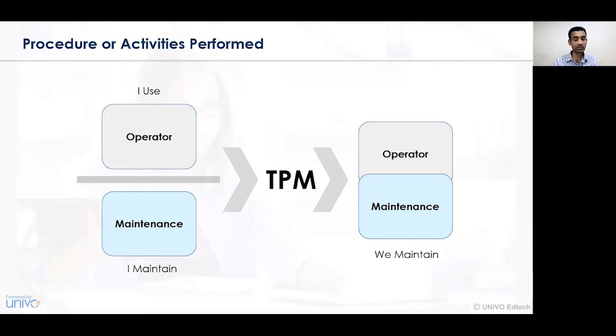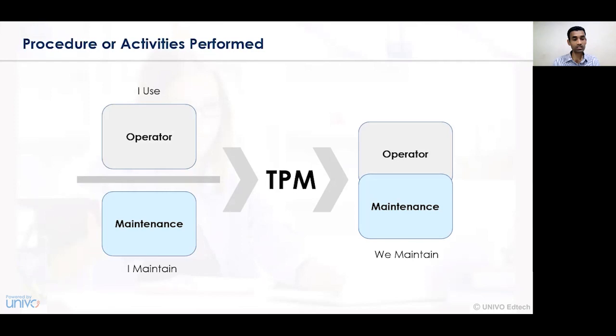Initially, the activities were carried out in a separate constitution, that is, the operator is separate and the maintenance is separate. In the case of TPM, both the operating activity and the maintenance activity are carried out in a well-coordinated way, with a joint composition. So an individual person performs the job of operator and also maintenance, and a maintenance person conducts the job of maintenance and also the operator.